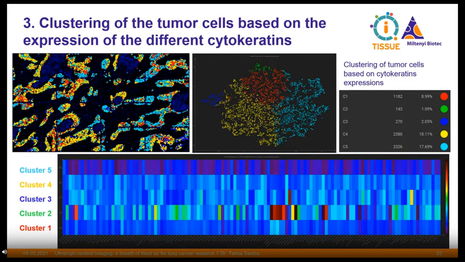But when you do not know and you want to figure out if there are some different groups of subtypes of a cell, for example, in this case here, subtypes of tumor cells, what you can go for is a more unbiased strategy where you would look at the different clusters of the tumor cells based on the markers that you wished for.